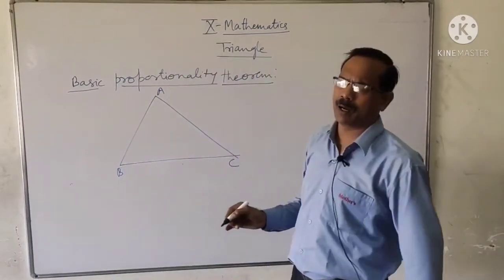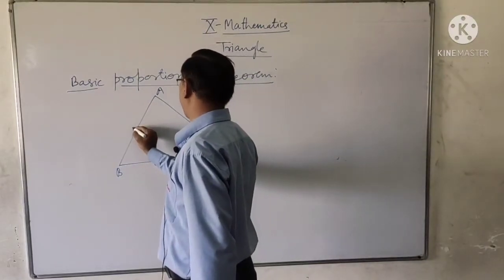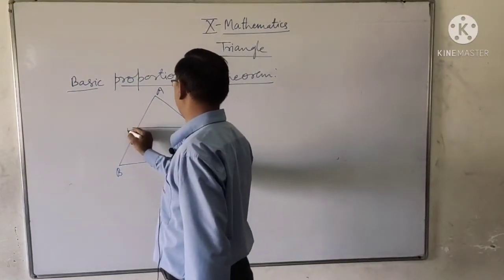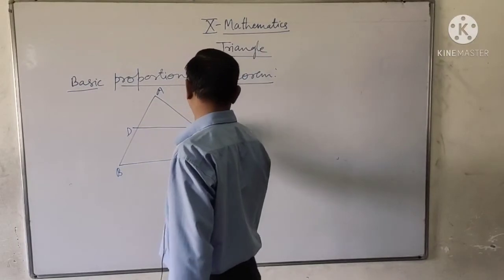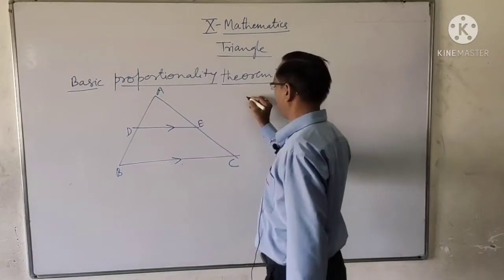Now we will draw a line parallel to one of the sides of the triangle, like this, DE. Here DE is parallel to BC.